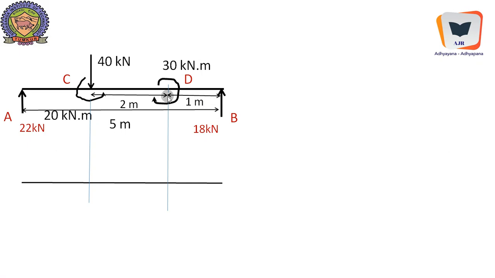So in the melee we will be calculating the bending moment at each and every point over the beam. The predominant points over the beam happen to be A, C, D and B. At D there is a bending moment variation, at C there is a bending moment variation. We should get two steps, one here of 30 kilonewton meter and one here equal to 20 kilonewton meter.